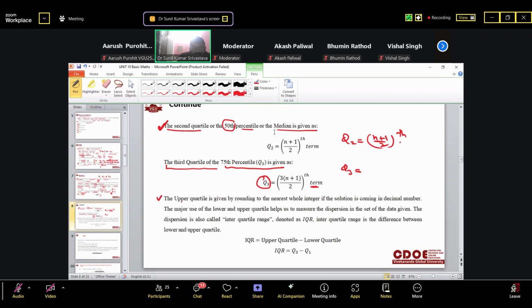Therefore, the upper quartile is obtained by rounding to the nearest whole integer when the solution comes in decimal numbers.